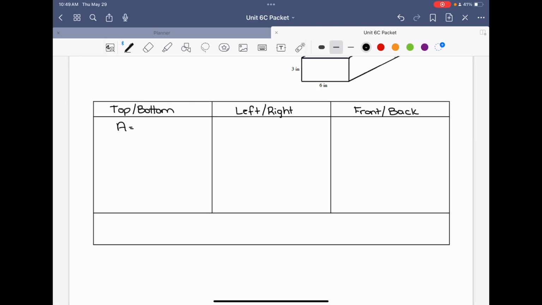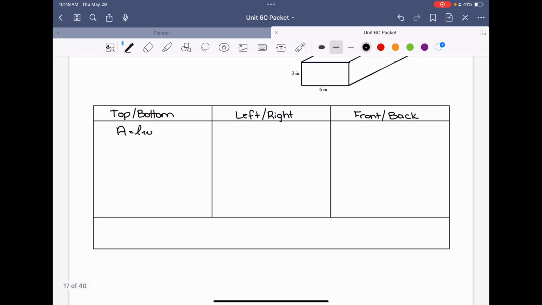And my area formula, length times width. So 12 times 6, which is 72, and I'm going to multiply that by 2 because remember it's the top and the bottom, so I'm doubling it. Should have gotten 144 for the top and bottom.